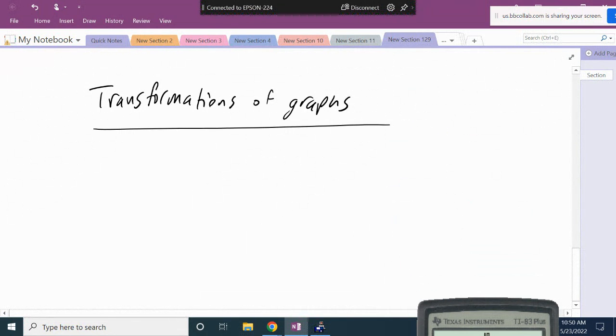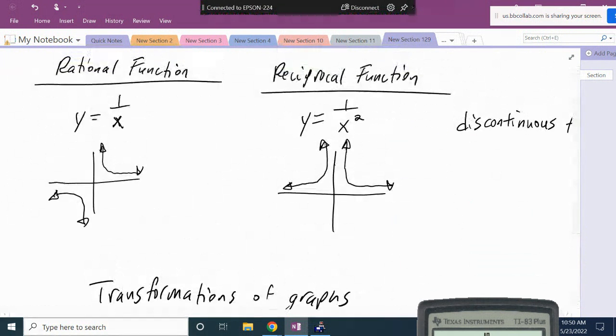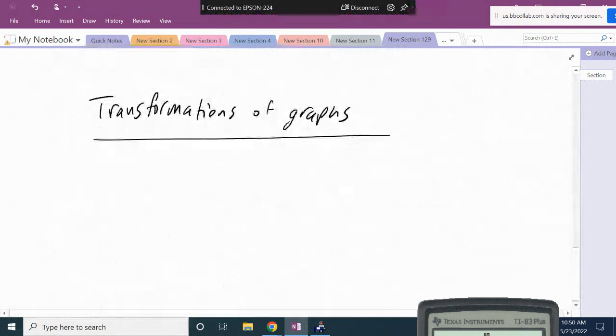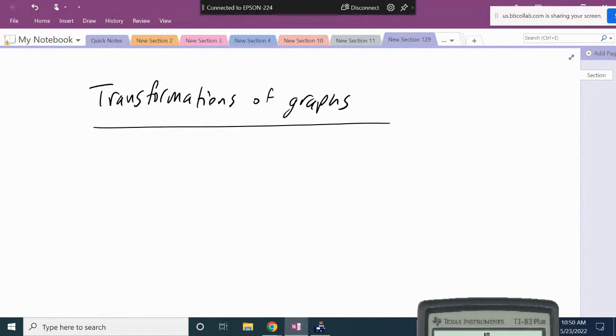We're going to be able to look at a graph, and based upon its basic shape, one of the 7 different shapes we looked at, visually look at it and write out the function of that particular graph. These are based on what are called the transformations of graphs.